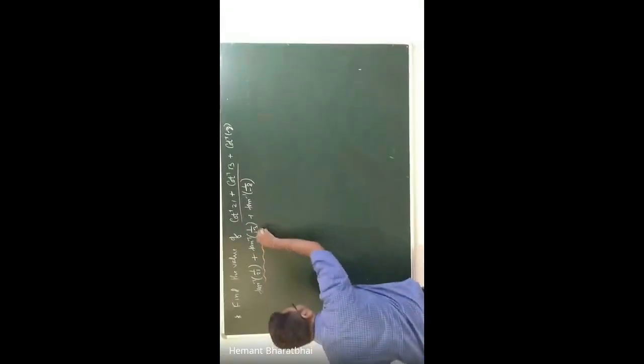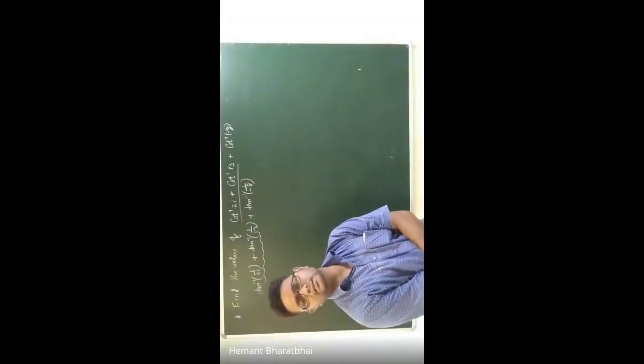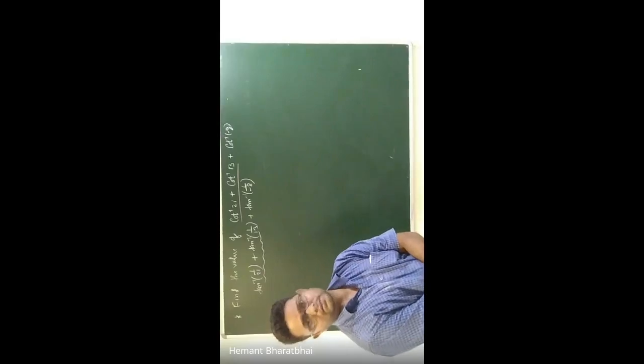So first I have applied the property. Next, we'll apply the formula over here. If you see 1 by 21, 1 by 13, x into y is going to be less than 1. So if x into y is less than 1, then we don't have to write pi plus minus something.